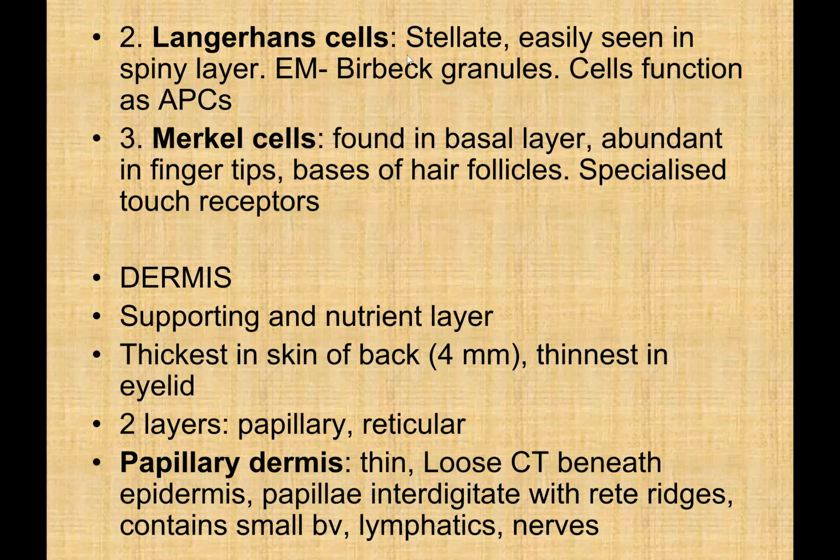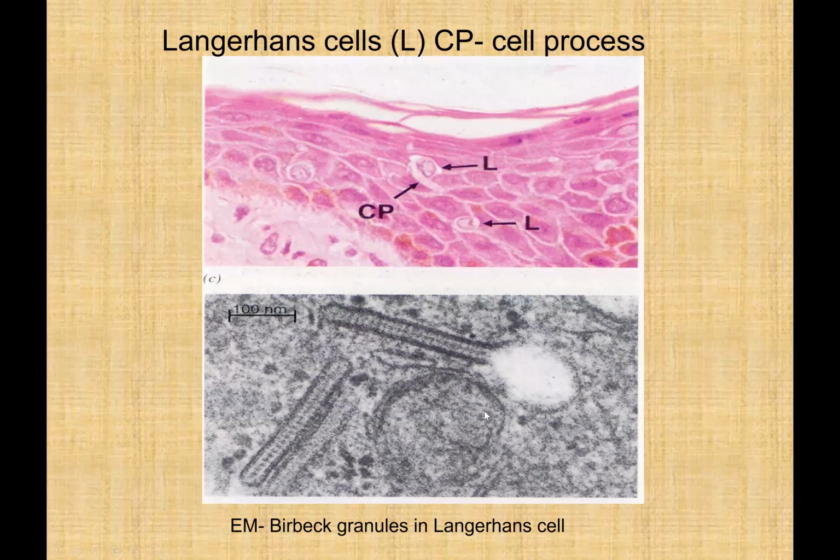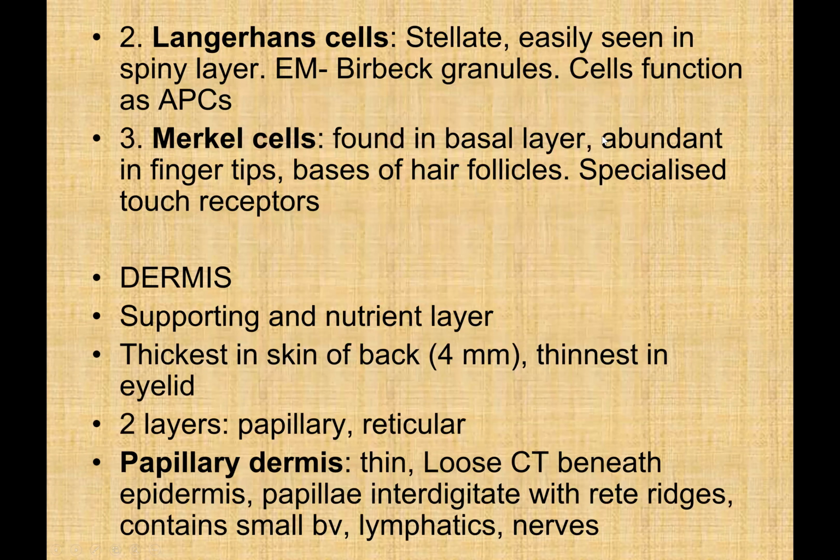In EM, we'll see a Birbeck granule. This is the Birbeck granule we can see in the EM. We can't see this under light microscopy. And then the cell functions are macrophagic, or they are APCs.